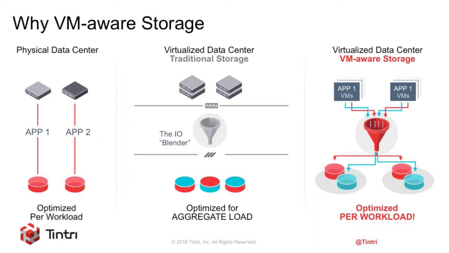So any stats you are getting, any QoS you are getting, is based on the LUNs and volumes instead of the instance and the VM. So the original concept of app-to-storage mapping was lost in the virtualized data center. And what we have done is try to bring it back, and that's what we have excelled at.